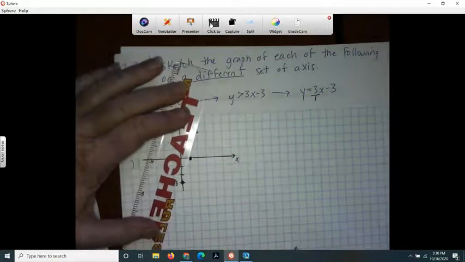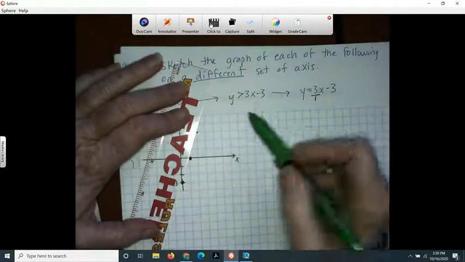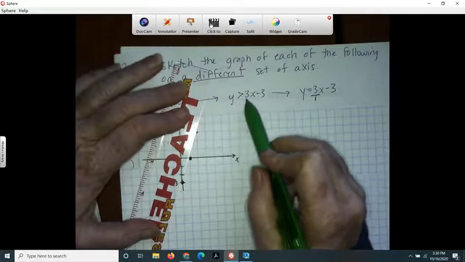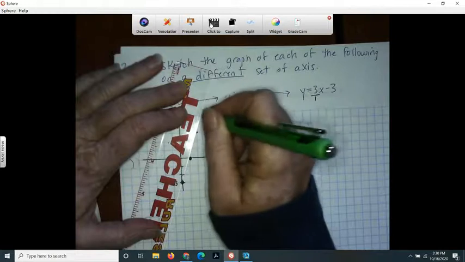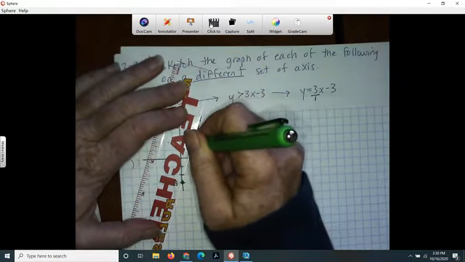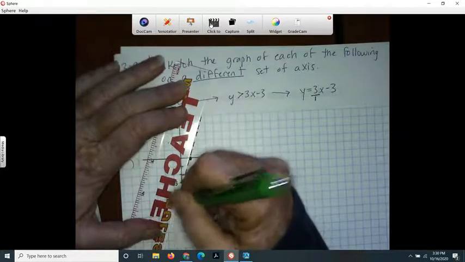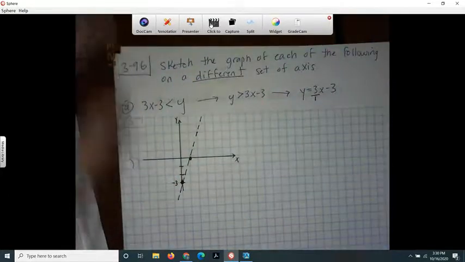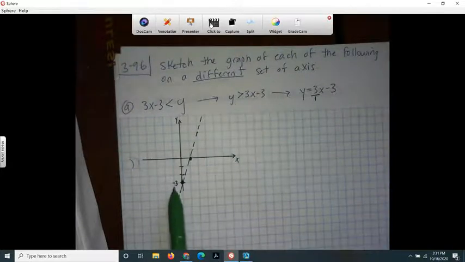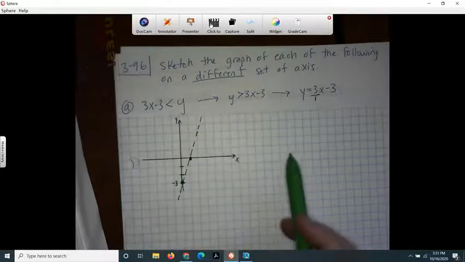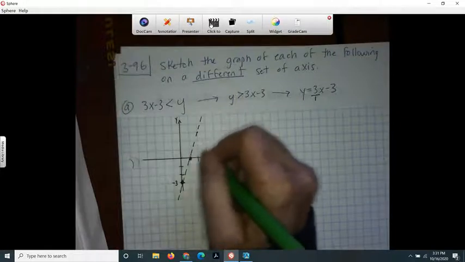I'm going to be careful with whether I draw a solid line or a dotted line. I see that I have this kind of inequality that's just greater than, so I want to draw a dotted line instead of a solid line. I think the reason I'm making this video is that I see people's graphs and it's like, this might be a 5 right here, or you're counting by 5s, and I can't tell.